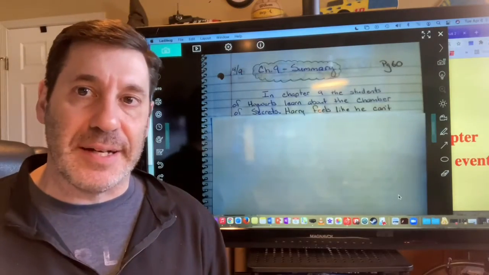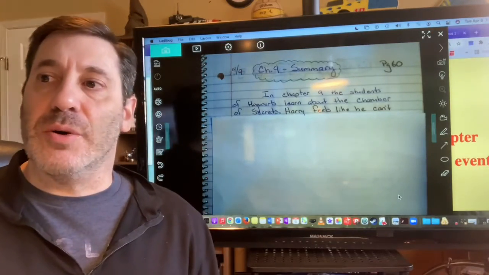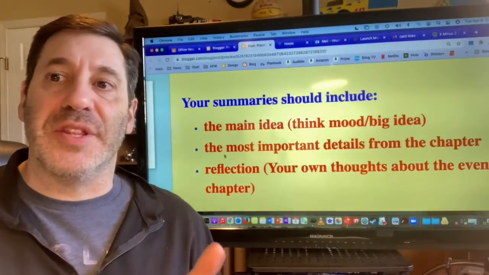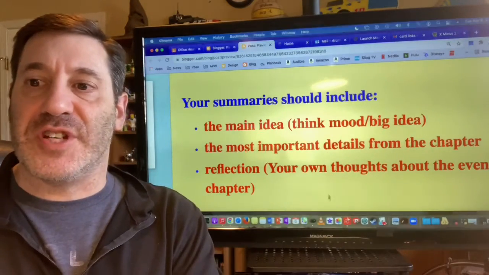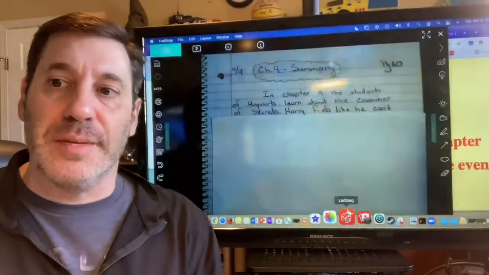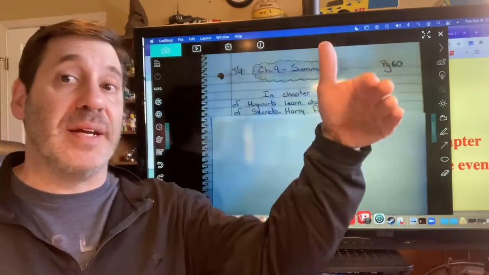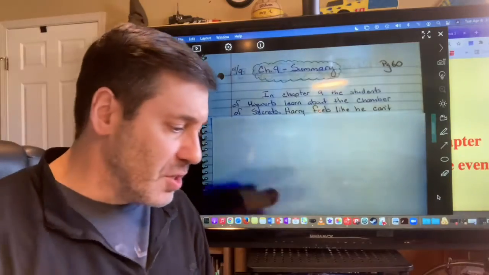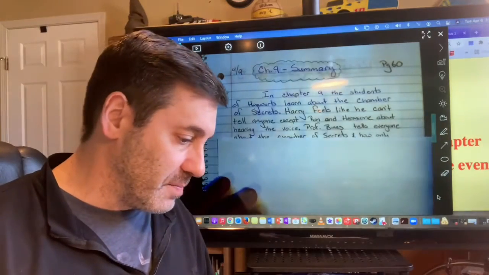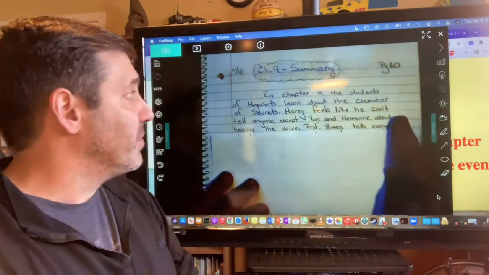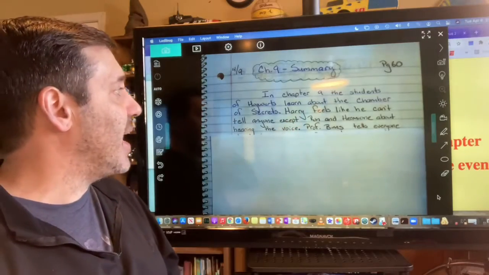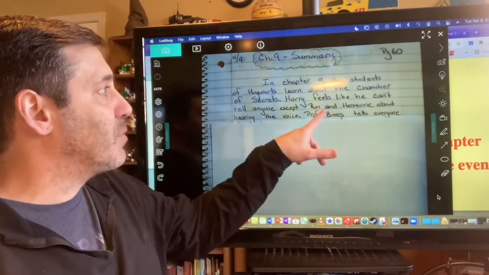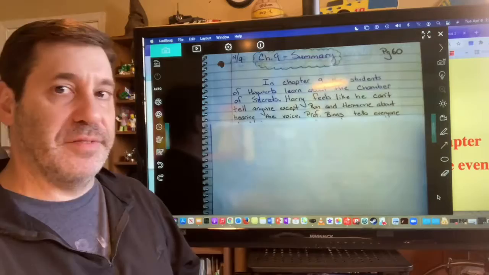That's my main idea. Okay, so now I'm going to get into the most important details of the chapter and focus just on the most important stuff, going from the beginning of the chapter to the end of the chapter. So you can see here, first, I write, Harry feels like he can't tell anyone except Ron and Hermione about hearing the voice.